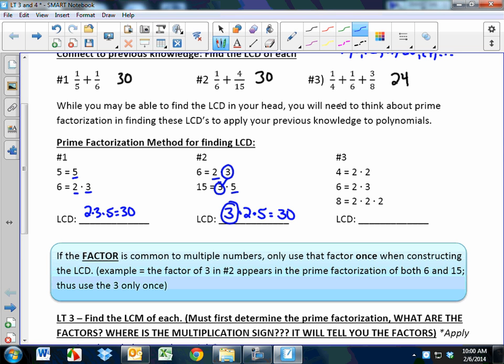So what would that look like for our 4, 6, and 8? Well, all three, the 4, 6, and 8, they all share 2. So I started by writing each of them as 2 times whatever else. Then I thought about the 4 and the 6 and thought, well, they're not going to share anything else. But the 4 and the 8, they're going to share another 2. So I wrote 8 as 2 times 2 times 2.